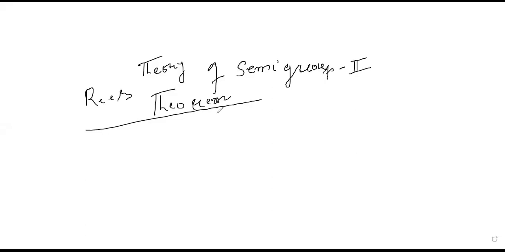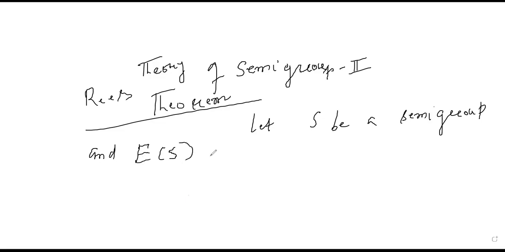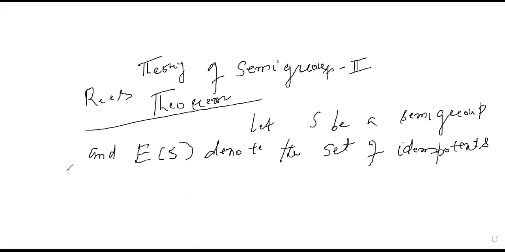So if you have a semigroup S, let S be a semigroup, and you have a set of idempotents, and E(S) denotes the set of idempotents of this semigroup S. By an idempotent I mean that a squared equals a.